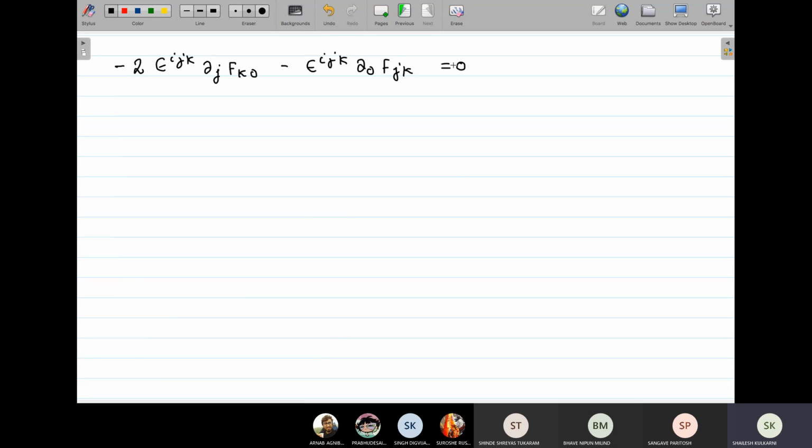Clear? So what I am getting, these two I will write in a slightly different way. This 2 times this I will write as minus epsilon ijk ∂_j f_k0.